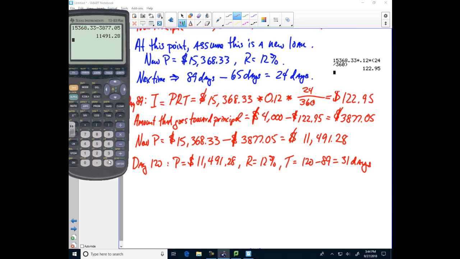So on day 120, we've had this amount of money for that amount of days. Okay? So, interest is PRT. $11,491.28, 12%, 31 days over 360 days.